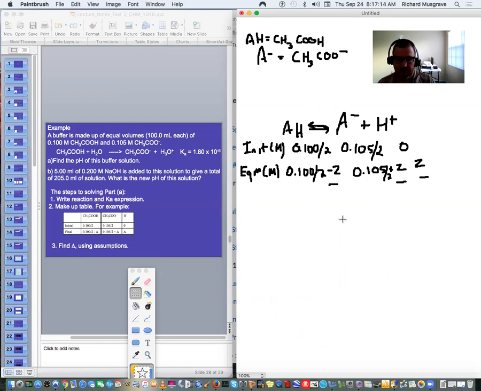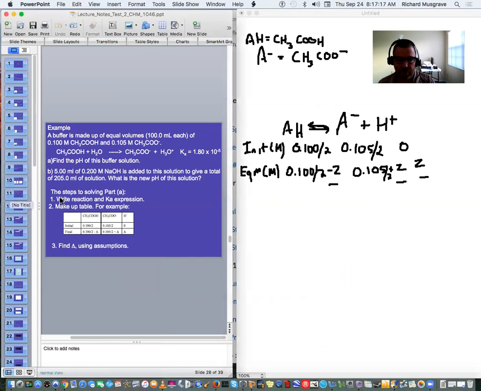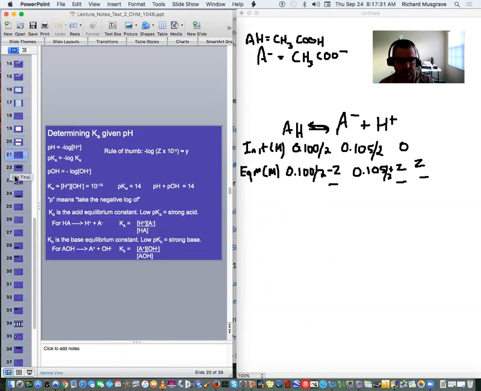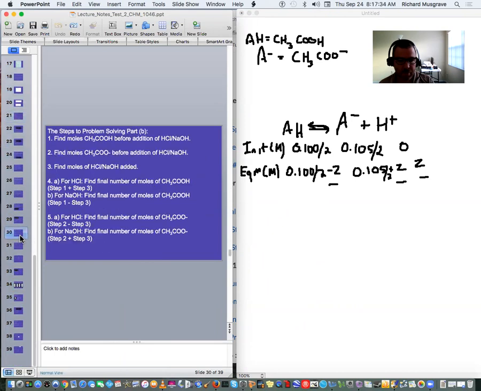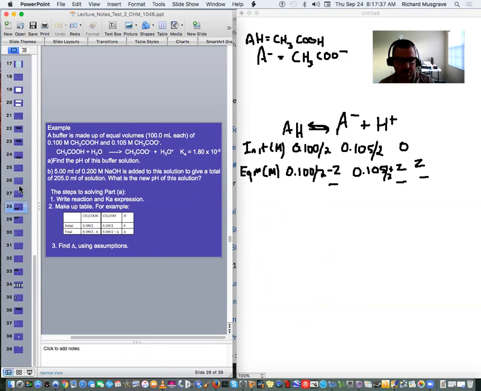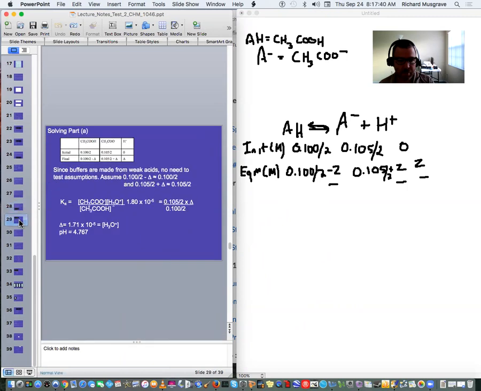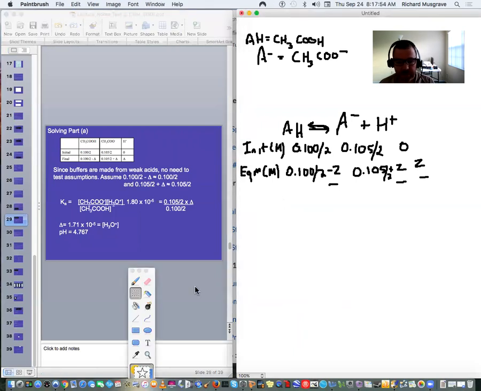Okay, so let's see what we have to do next. We've got to solve for this Z here because Z will be the concentration of H plus in solution, which is kind of what we're trying to find anyway. Now, because buffers are made from weak acids by definition, we don't actually have to validate any assumption we make that relates to it being a weak acid.